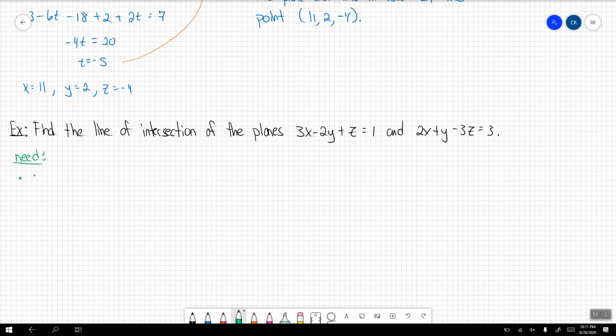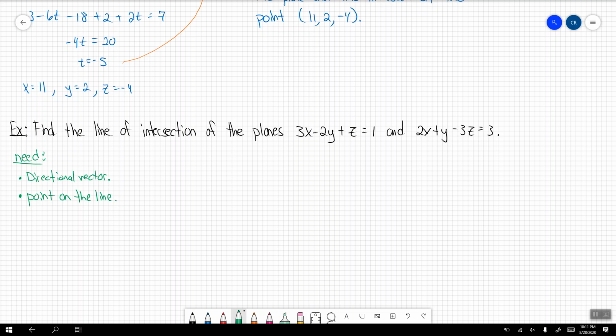So to find the equation of the line, I need a directional vector, and I also need a point on the line. So those are the two things that I need. Now, one might be easier than the other or vice versa. So we want to make sure that we start extracting everything that we can observe.